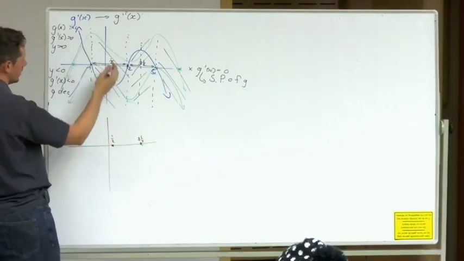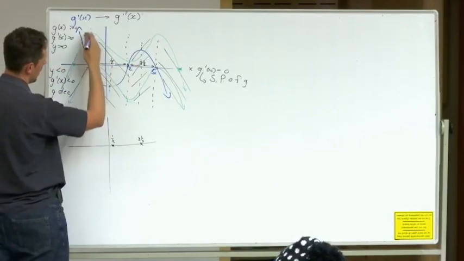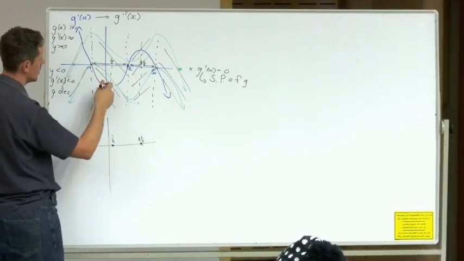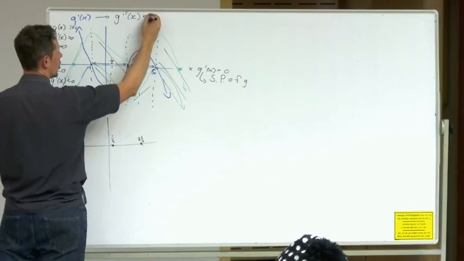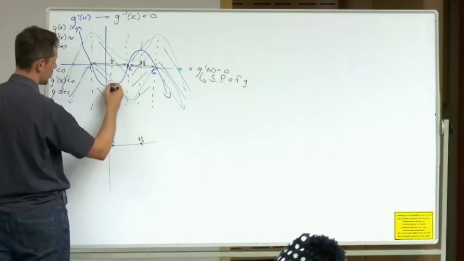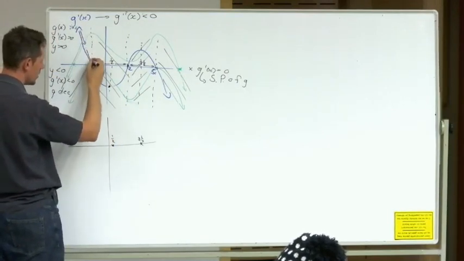Now here, my graph is decreasing. So g'' is smaller than 0 all the way up to here. My blue graph is decreasing.